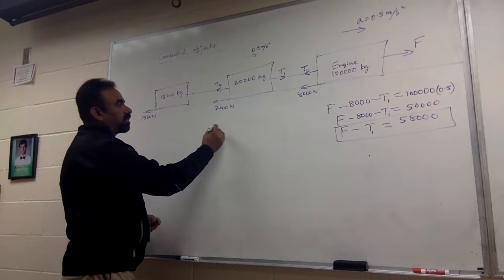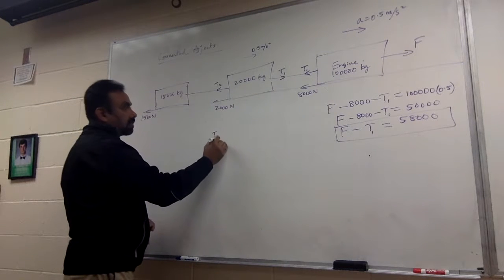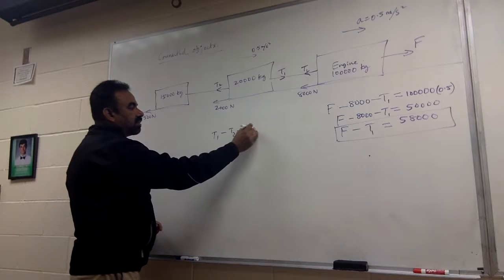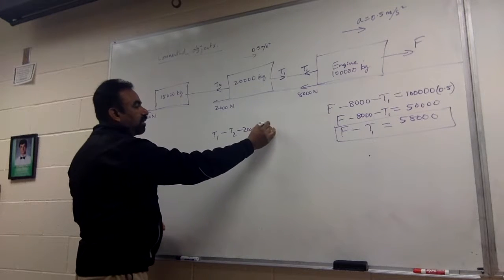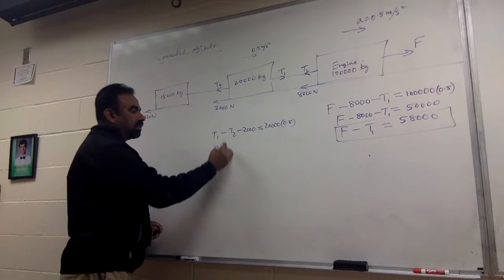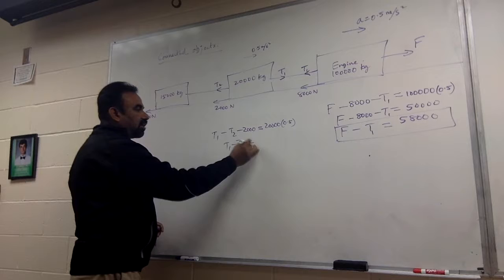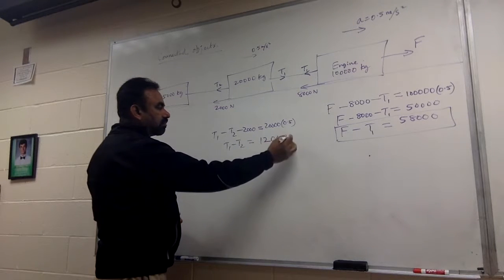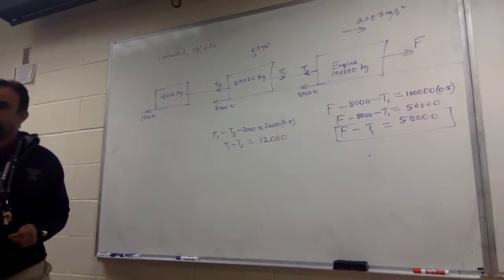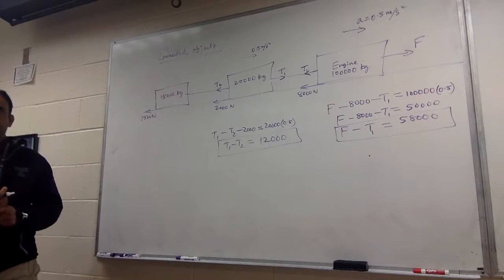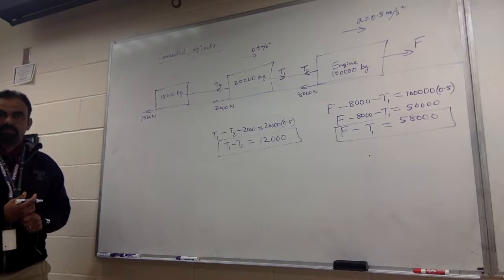So set up your equation. T1 is forward, that's obviously bigger, minus T2 minus 2000 is equal to 20,000 times 0.5. So you have T1 minus T2 is equal to 12,000. So we have this equation, keep it aside. Now let's go to the last one.